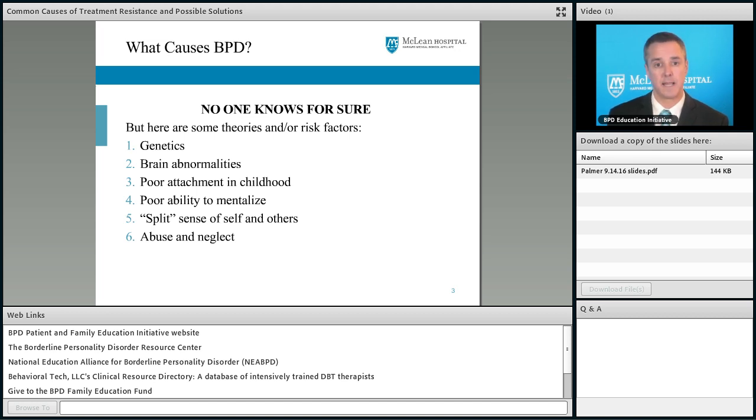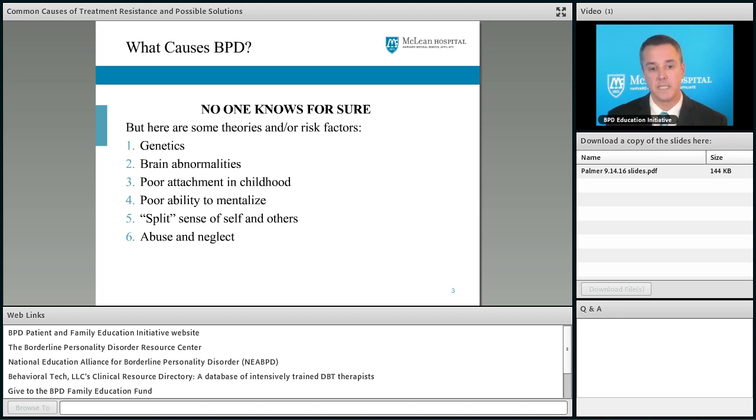And so some theories about borderline personality disorder speculate that people who never learned how to mentalize or had poor attachments in childhood maybe are more likely to develop borderline personality disorder, or in fact maybe that's the cause of borderline personality disorder.